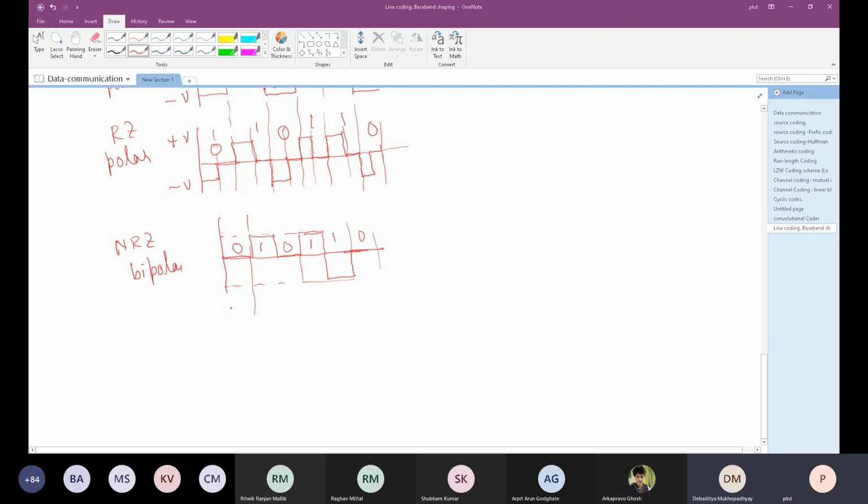So like that. So this is an example of non-return to zero bipolar. In the case of return to zero bipolar, it would be modified according to this.